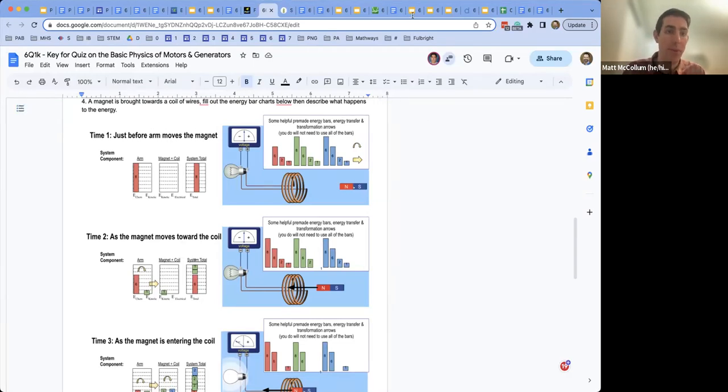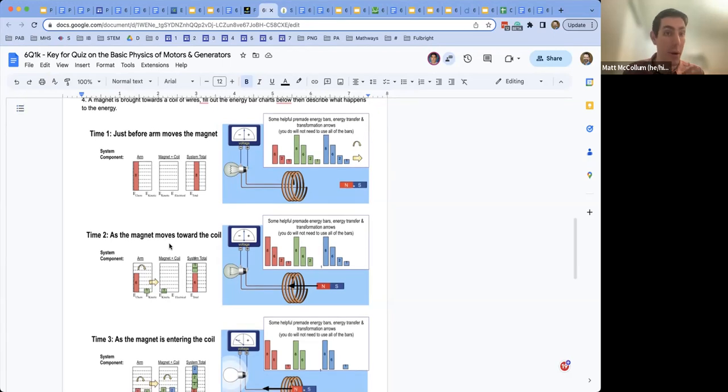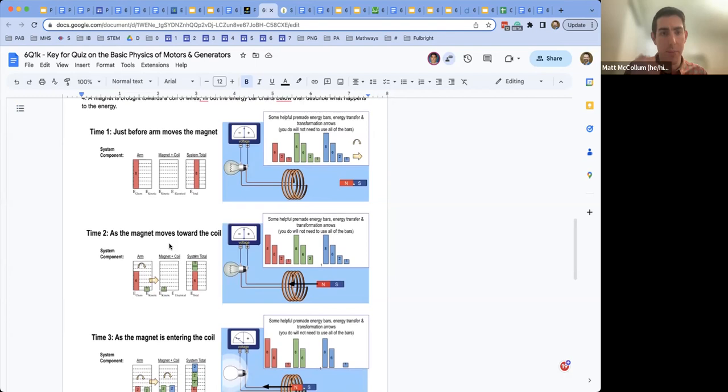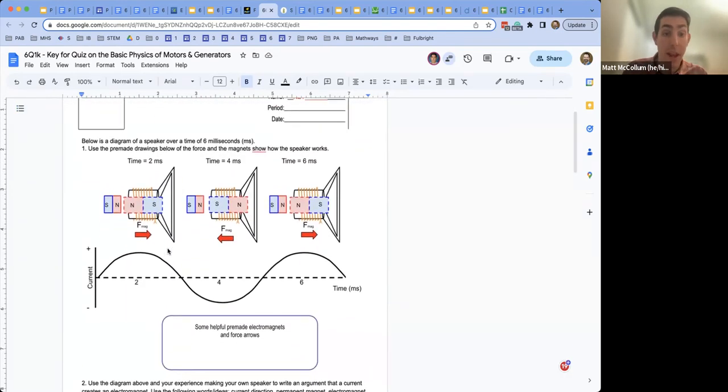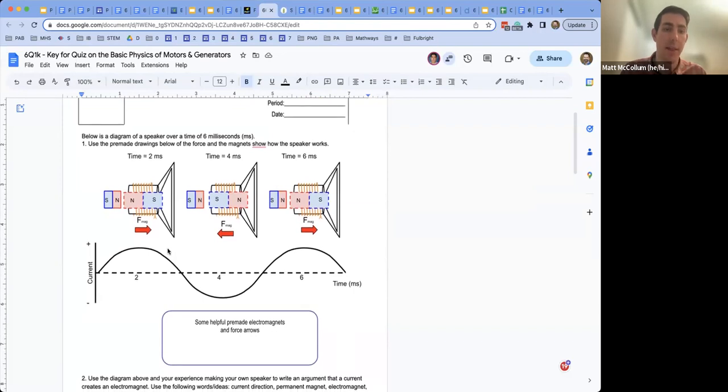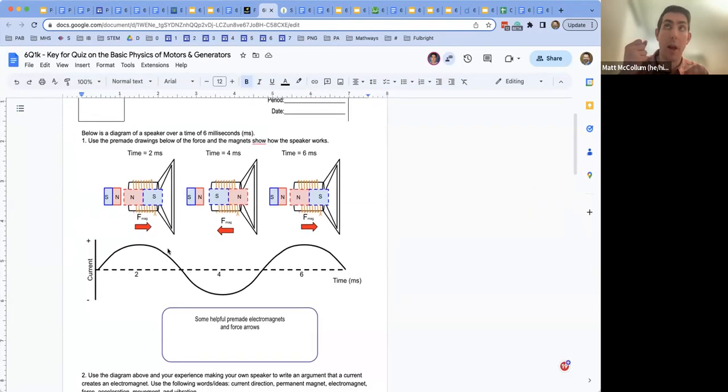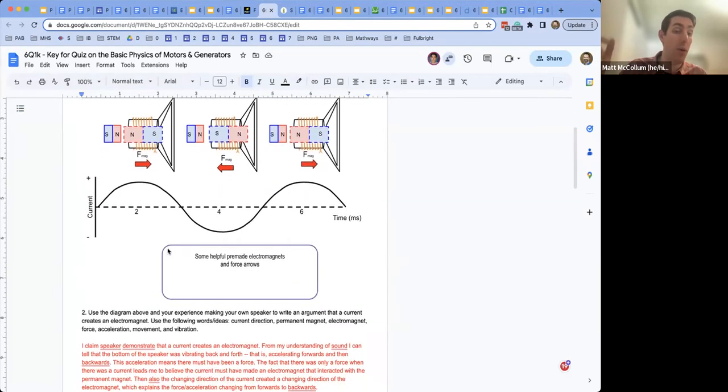So we're able to think about tracking our energy through time in different energy bar charts, which allows us to look at what's the big idea behind motors and generators. If you scroll up, Bradford, you can see there are similar ideas, thinking about force and the electromagnet that gets created by the coil of wires.